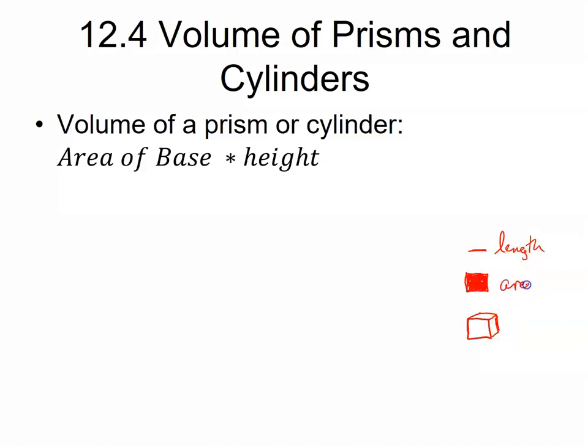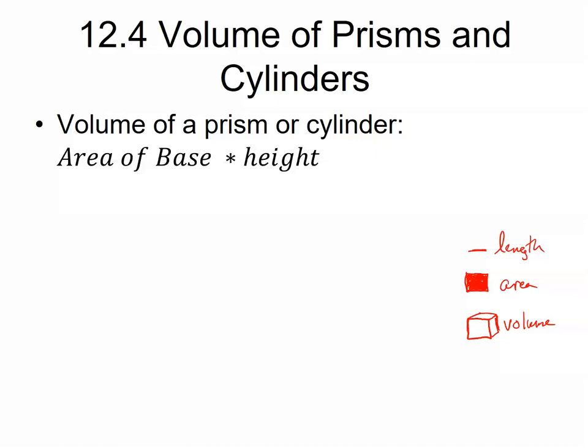With area, which includes surface area, because that's still a type of area, we use units squared. With volume, it's going to be units cubed, because we're trying to figure out how many cubes we can fit in there.